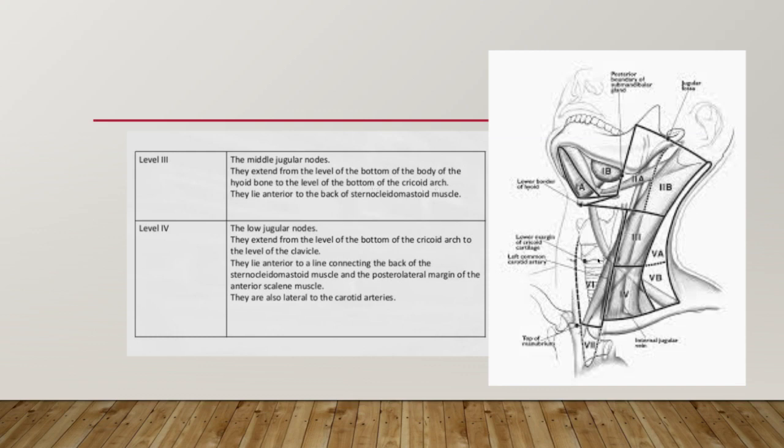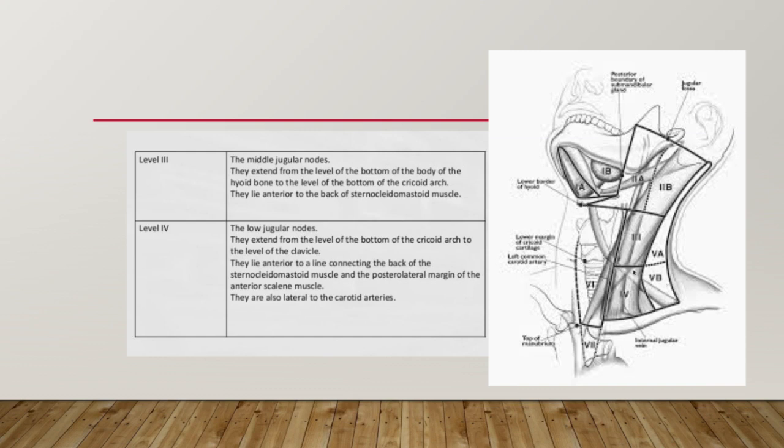So, here you can see the cricoid arch corresponding to the lower level, and the upper level of level 3 is the lower border of the hyoid bone. So, this is the area which is called the level 3 group of lymph nodes, between the lower border of the cricoid cartilage and the lower border of the hyoid bone.